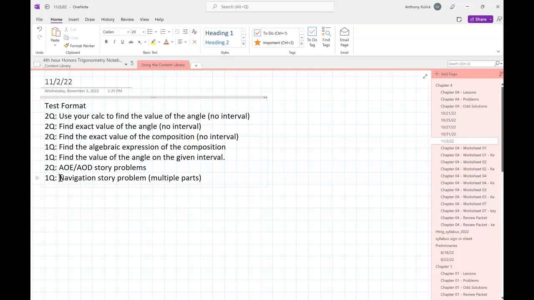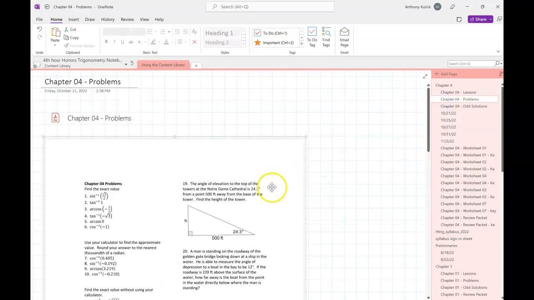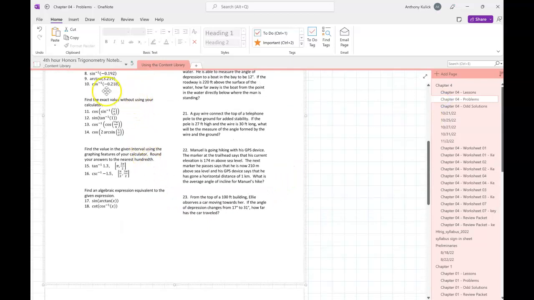Is that okay, Macy? Are the first 6 questions for the worksheet 1? Or, well, like the exact value of a composition, I think that was like homework problems, you know, like 11 to 14.